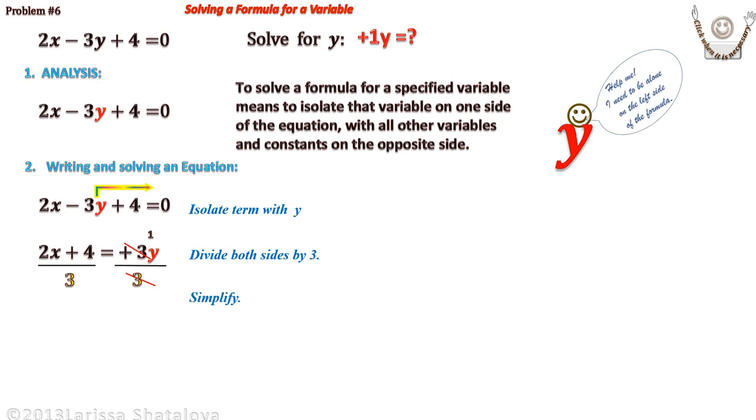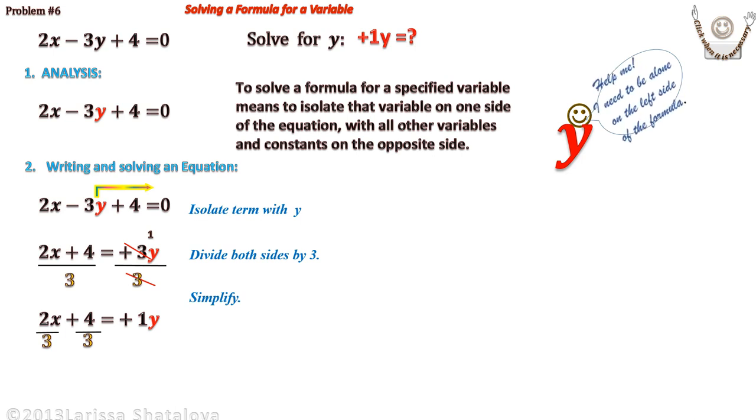3 is a common denominator for two terms, for 2x and for positive 4. So we can break this down into two fractions, 2x over 3 and positive 4 over 3 equals positive 1y.